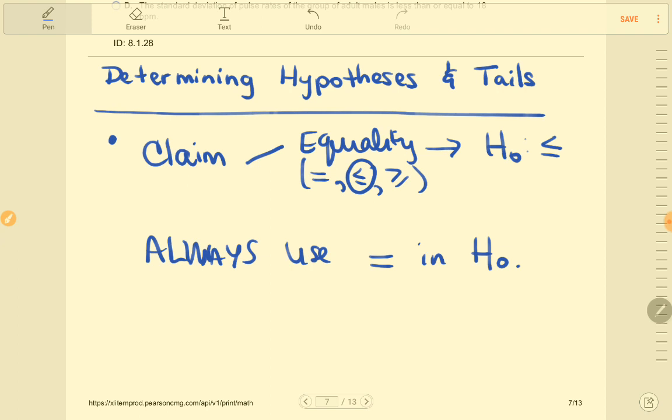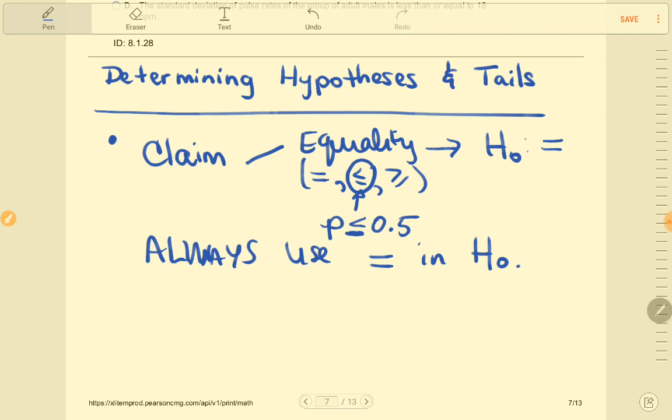Always, always, always. Okay, so this would not be correct. Your claim could be worded such as, test the claim that the proportion of people who know Twitter is no more than 50%. So that would be a claim that you could write as the proportion of people who know Twitter is less than or equal to 0.5. Now that is a claim that contains the condition of equality, so it would fall under the null hypothesis. However, we will only use the equal sign.